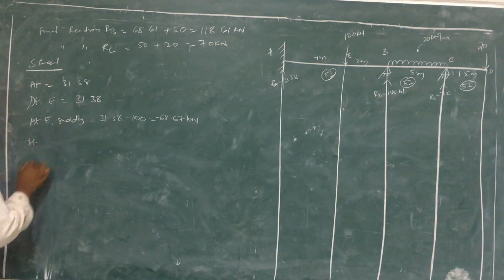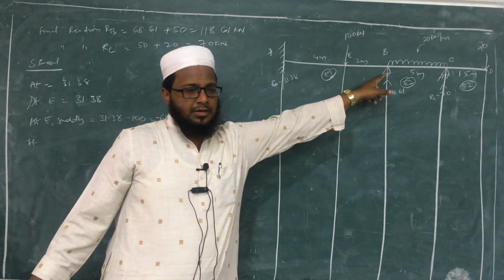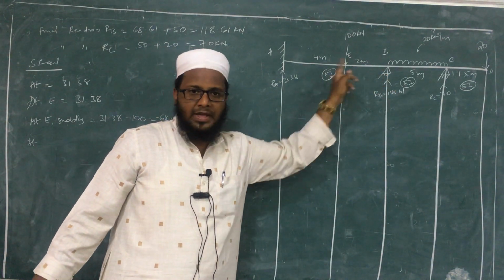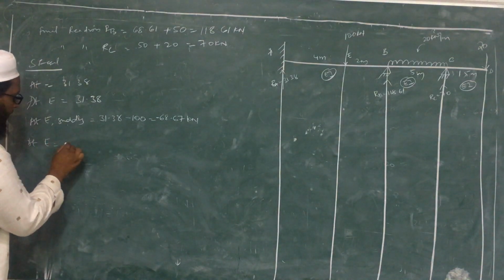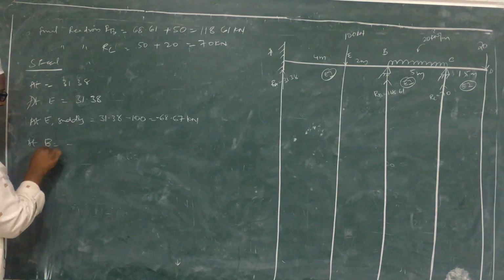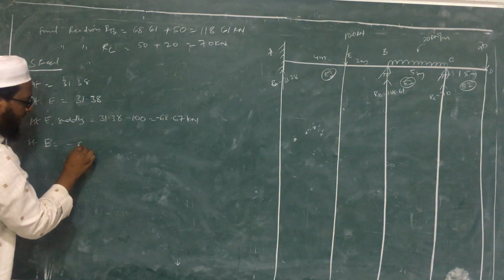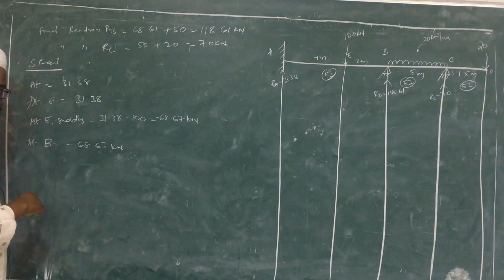Then after E, I will go to B. So do we have any force in between E to B? No force. So what I will do here is at B, write the previous value. What is the previous value? Minus 68.67 kilonewton. Okay.